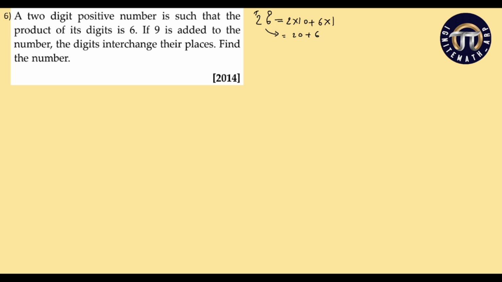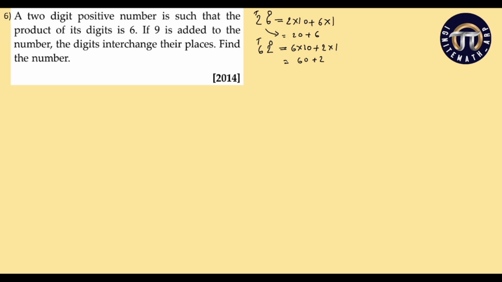If the digits are reversed, in the sense now instead of 26, if it is 62, then the ones place is occupied by 2 and the tens place is 6. So I would write this one as 6 into 10 plus 2 into 1. So that is going to be 60 plus 2, that is 62.